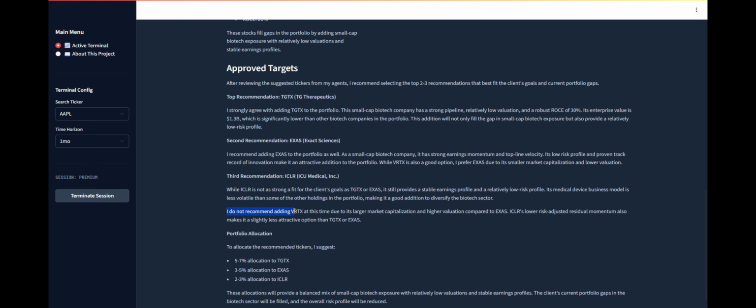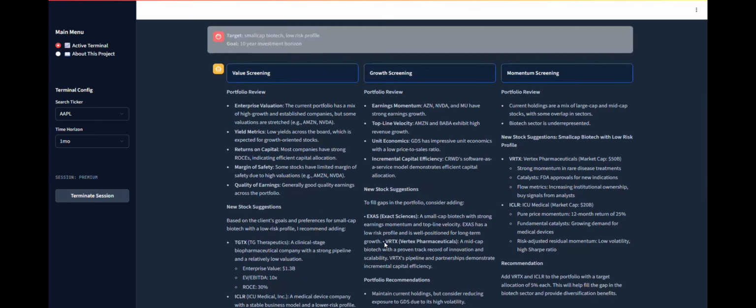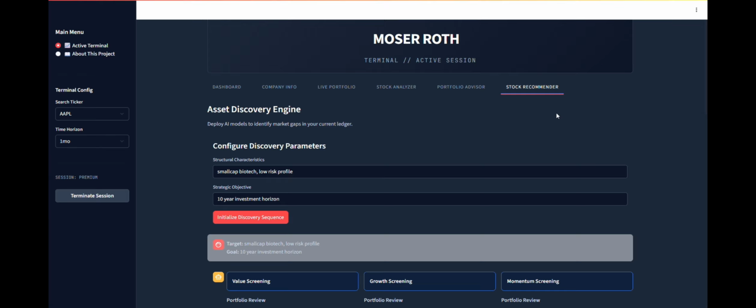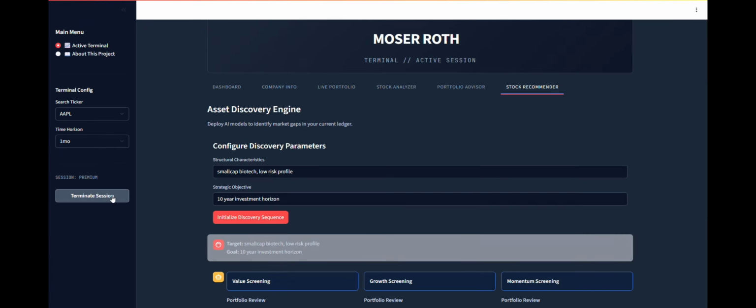Also for some of the very well-known tickers like Vertex, it will provide some rationale on why it thinks it's not a good investment target. Yeah, so that is basically the overall functionality of this app.